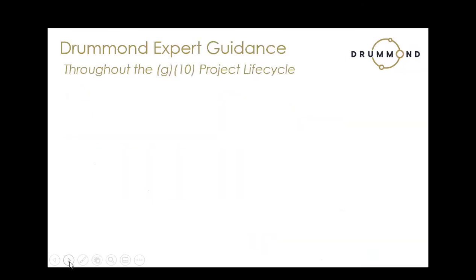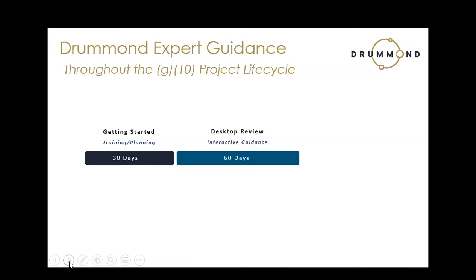As you look at the G10 project lifecycle, a couple of ways you could look at it in terms of the getting started. That program typically, on average, accounts for 30 days of support. The desktop review, a lot more in-depth, gets into that interactive guidance, looking at your project plans, looking at the implementation guide, setting you up for success to either finish coding and or implementing your FHIR bolt-on.